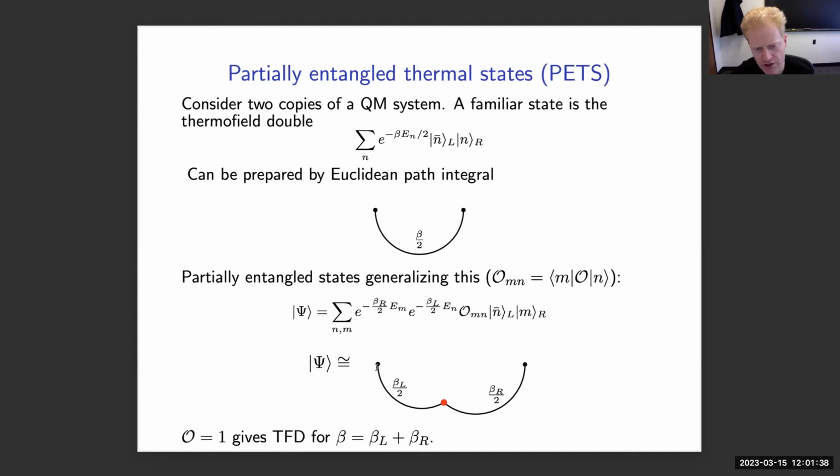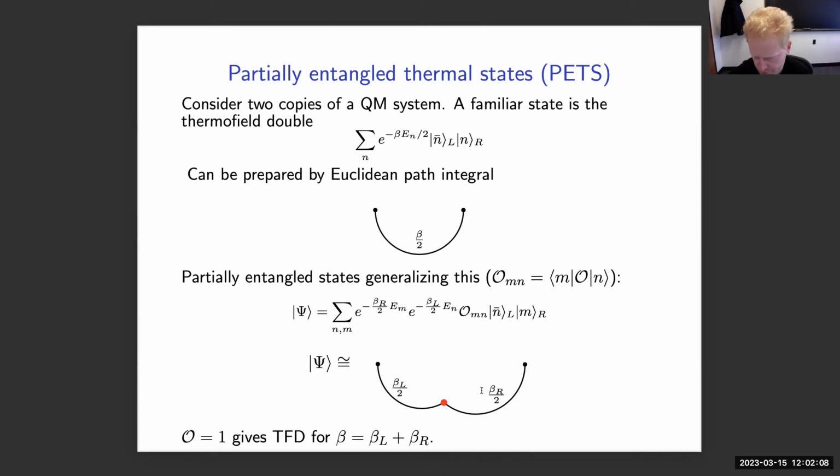We do a Euclidean evolution of time beta left over 2, insert some operator O, and then do another Euclidean evolution. That defines for us another state on these 2 copies, a partially entangled state. For O equal to 1, it just reduces, of course, to the thermofield double, with beta being the sum of beta left and beta right.